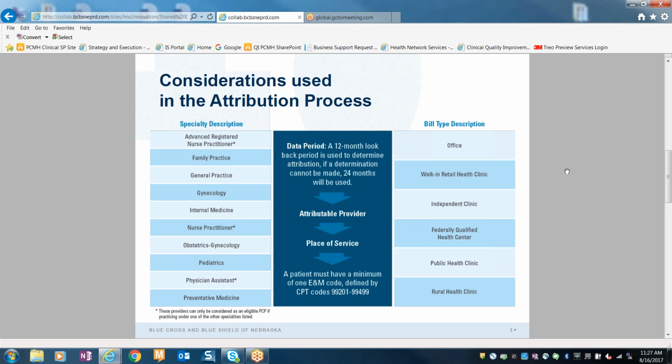So if there's a nurse practitioner that's working in some type of, let's say, an allergy clinic or something like that, that practitioner wouldn't be eligible for attribution, because again, they're not working in what we've defined as a primary care location.